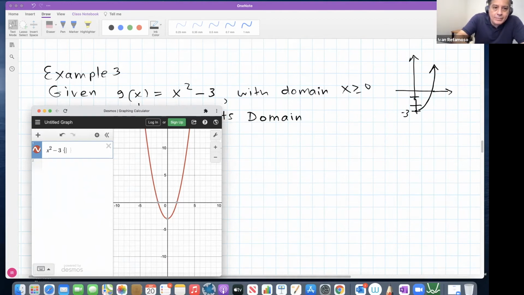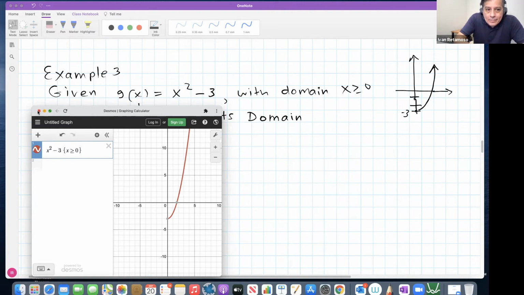Between braces, you have to say that x must be greater or equal than 0, right? You have to tell our grapher that we want this graph, but just for x greater or equal than 0. And notice how it shows what I have here, right? Very good. Bravo.